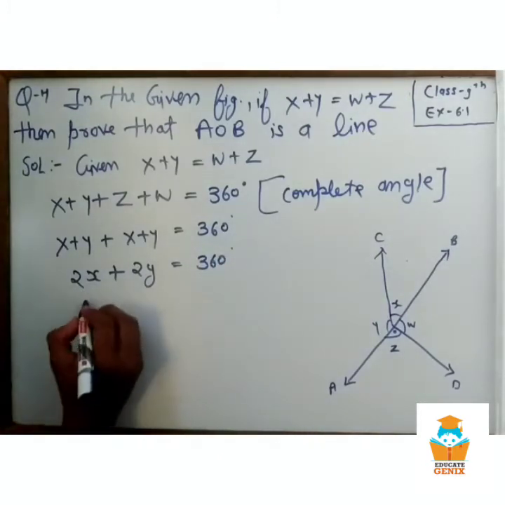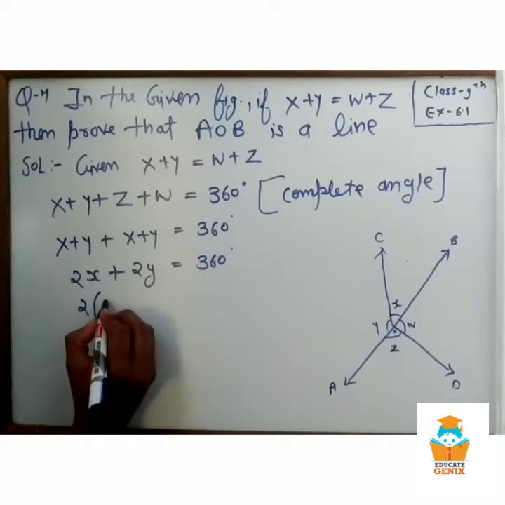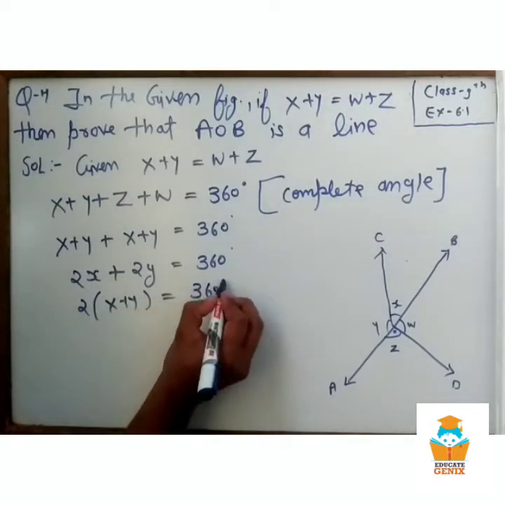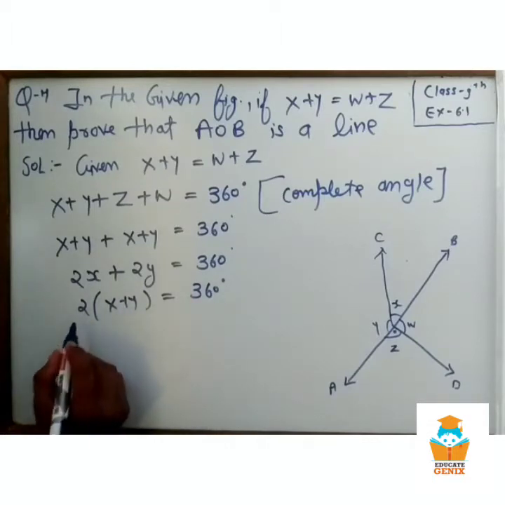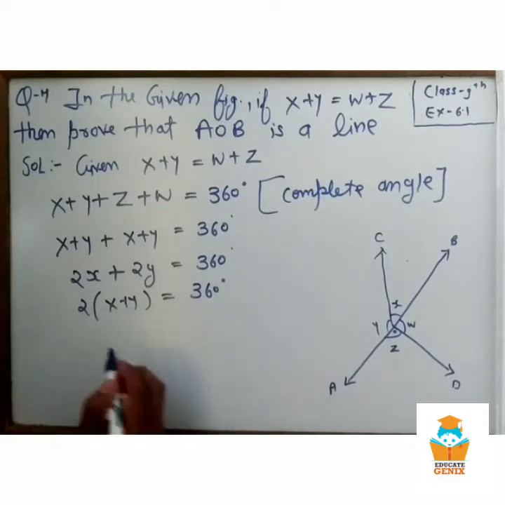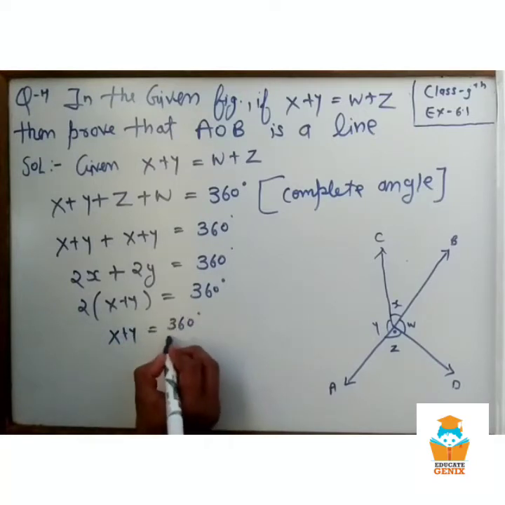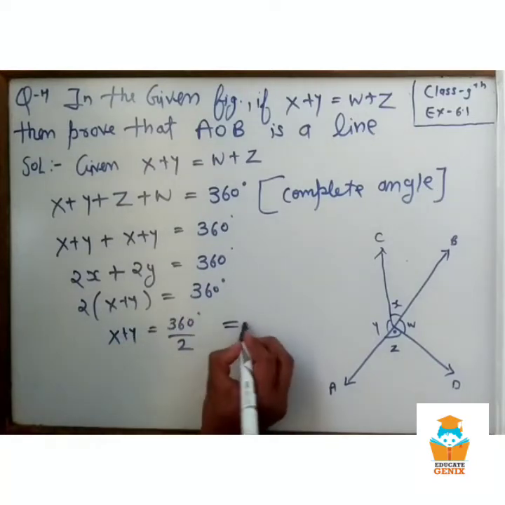Therefore 2 will be a common term in both. 2 times x plus y equals 360 degree, and we are going to shift this 2 to the downside. Therefore x plus y equals 360 degree divided by 2, which equals 180 degree.